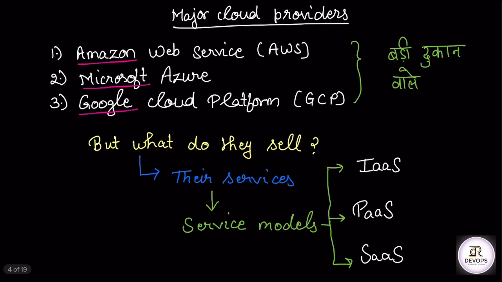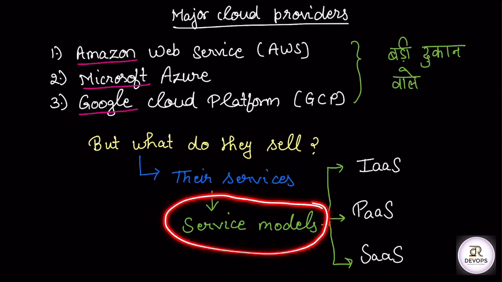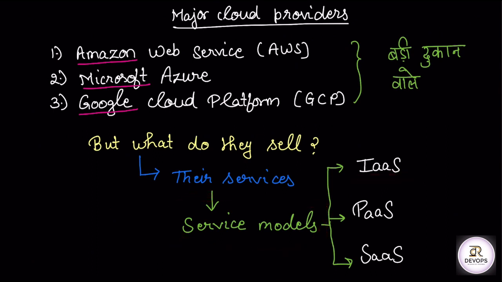Then we have seen major cloud providers such as AWS, Azure and GCP, and we have known they sell their services, so their services come in the service models like IaaS, PaaS, SaaS. So first one is infrastructure as a service, platform as a service and software as a service. So in today's session we are going to see these three service models in detail.